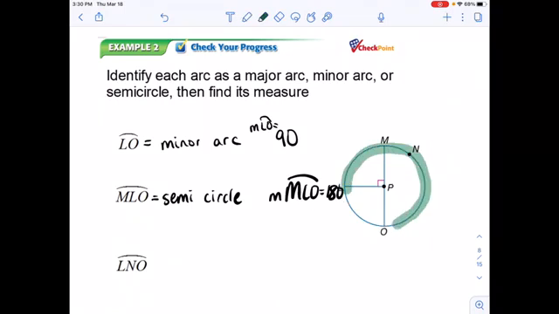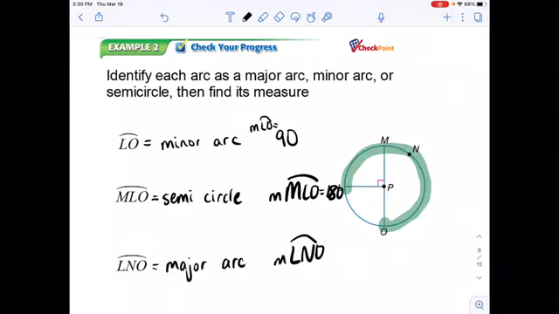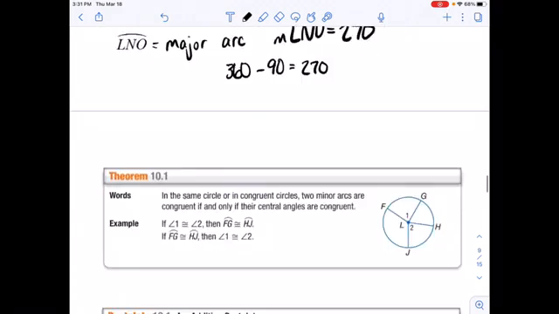The measure of LNO is a major arc, and it is 270. I do need you to know that not all minor arcs and not all major arcs have either a 90 or a 270 measure. That's just how these specific examples worked out, okay? Don't assume all minor arcs are 90 and all major arcs are 270.